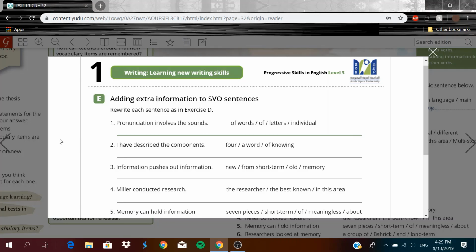We'll say pronunciation of words involves the sounds of individual letters, right? Yeah, so pronunciation of words involves the sounds of individual letters.